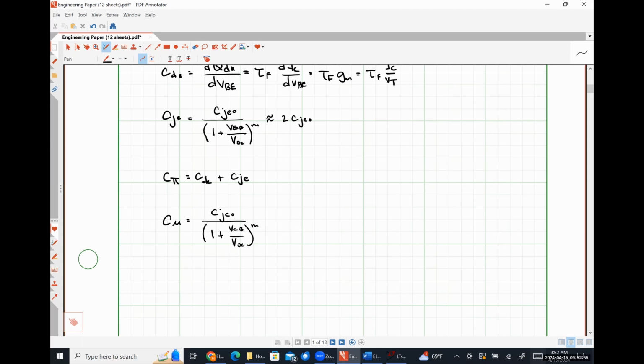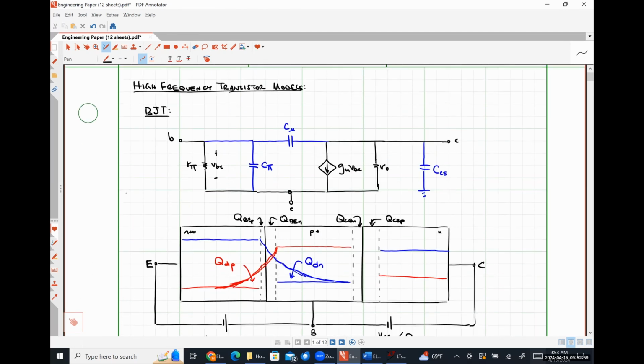And now the only capacitance that we have left to explain where it comes from, looking at our model, is this capacitance CCS, right? So just to be clear here, this C pi depends on depletion capacitance and diffusion capacitance for the base emitter junction, which is why it's placed between the base and the emitter terminal.